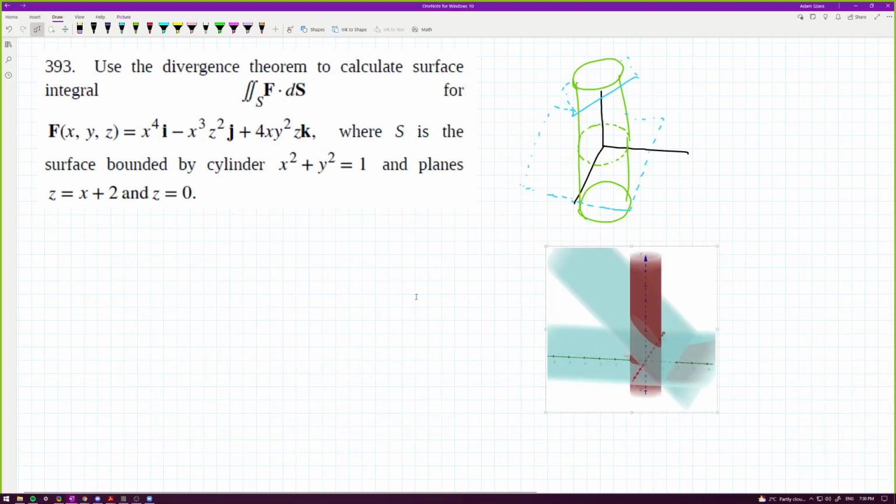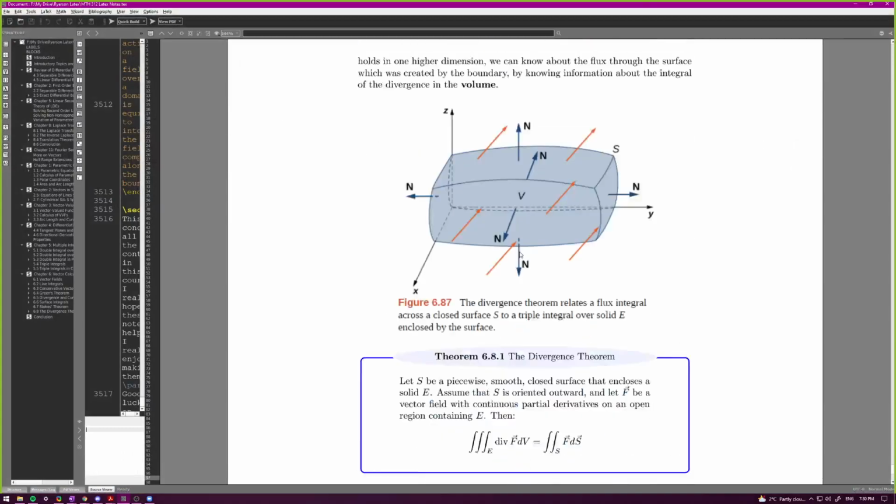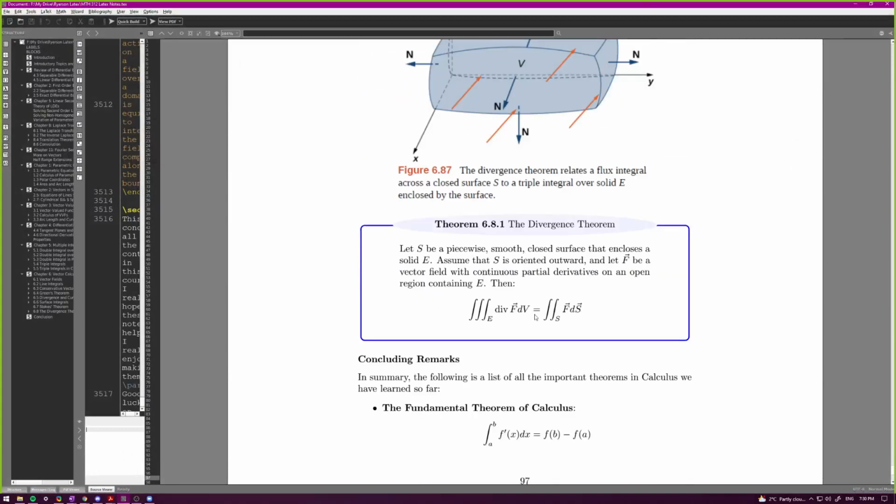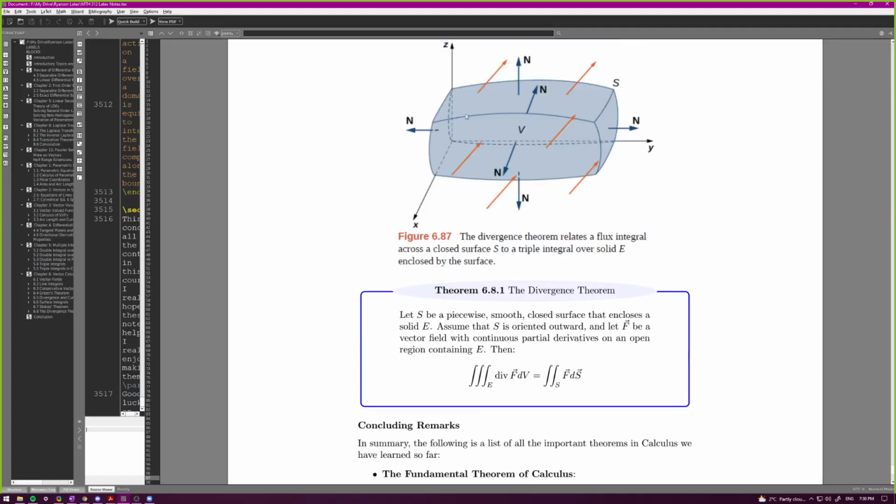So we're going to use the divergence theorem because it continues this trend that we're seeing with these formulas. If I want to calculate the triple integral over the volume of the divergence of F dV, so we're doing a volume integral here, that's equal to the surface integral over the outside, some sort of antiderivative.